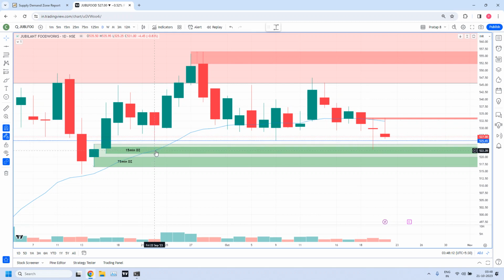Then immediately you have to realize there is an entry buffer. That means there is a heavy order flow before this zone. That's why we have a huge rejection from this buffer area.